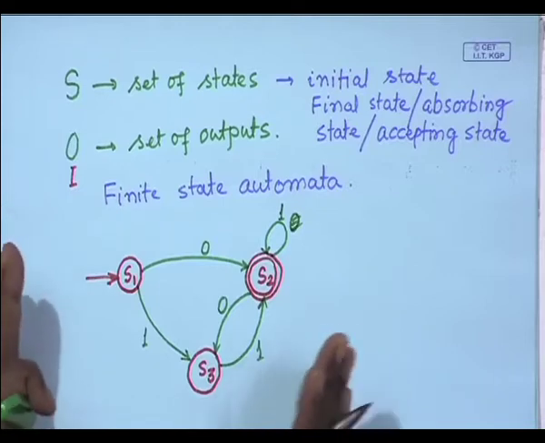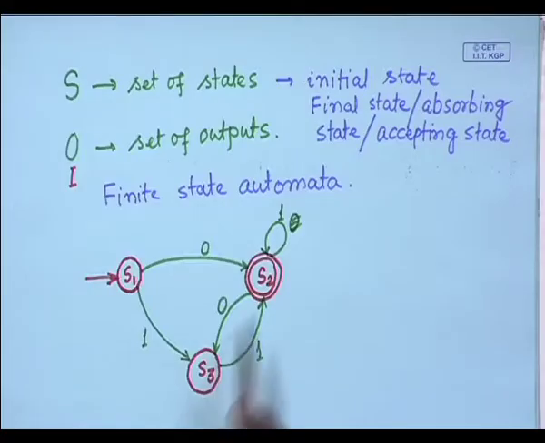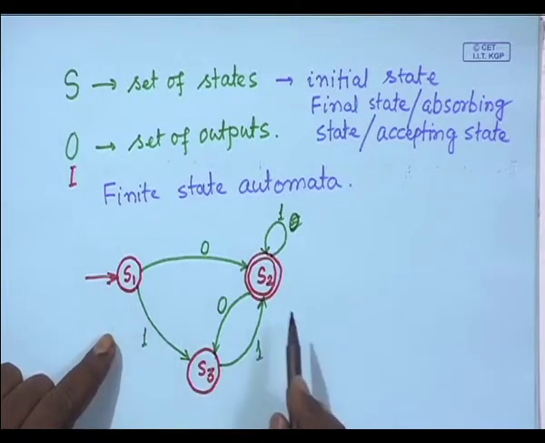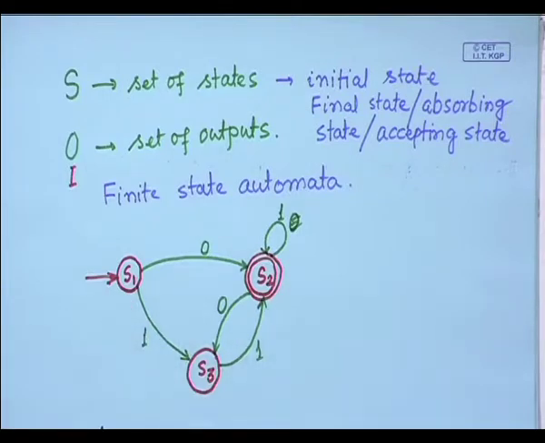So, given such a sequential machine and the outputs which are emitted by this machine whenever it makes a transition from one state to another state, and as I have assumed that S1 is my initial state and S2 is the final state, you find the kind of outputs which are accepted by this machine, or the sequences of outputs which are generated by this machine.